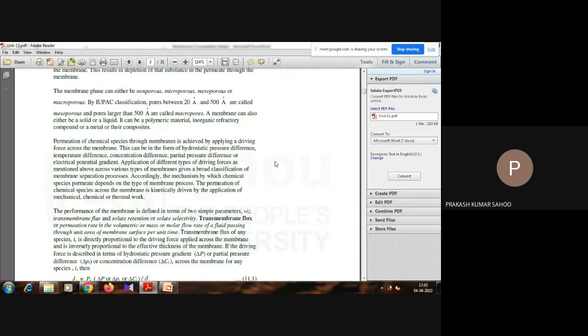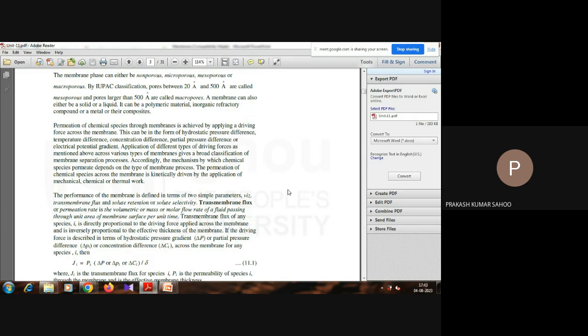So these are the different classifications of membrane: non-porous, microporous, mesoporous, and macroporous. If the pore size is less than 20 angstrom, it is microporous, and if it is non-porous, there will be a very minute number of pores, or no pores at all in the membrane.